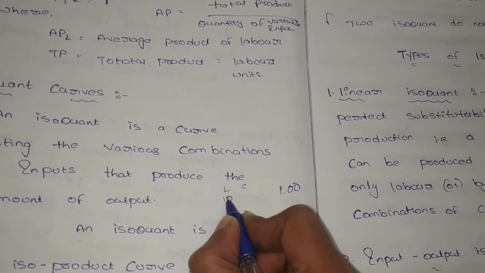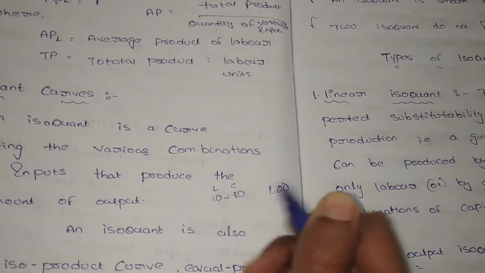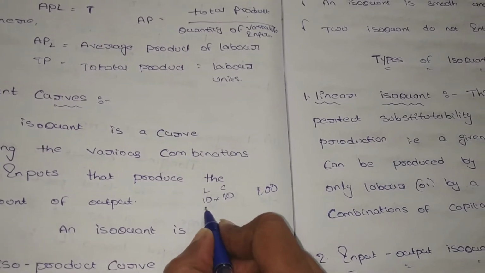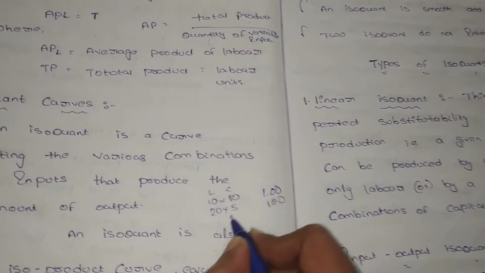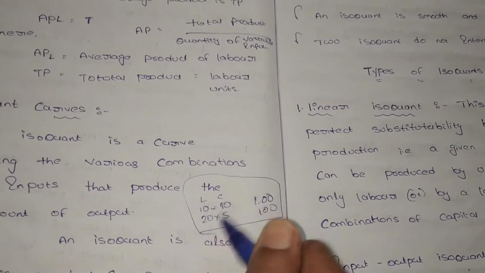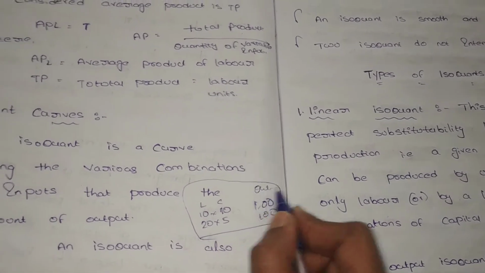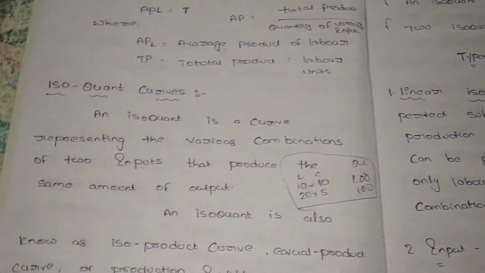Here labor is 10, and here labor is 20 and the capital is 5, but the output is the same. However much labor and capital change, the output is the same. It shows the relationship between the two variable inputs, labor and capital.